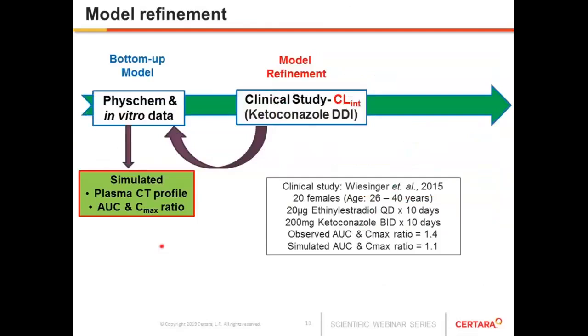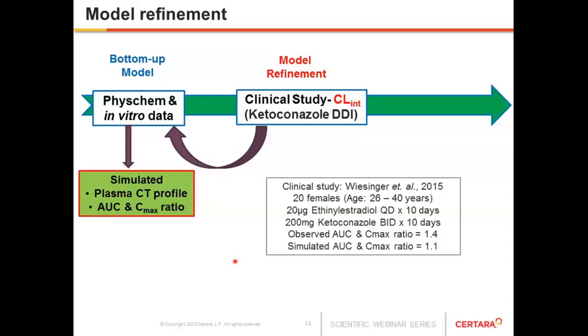Ketoconazole is a potent inhibitor of CYP3A4, such that when you administer ketoconazole with a 3A4 substrate, it knocks off the 3A4 component almost completely. And it gives you a good handle on the FM, as I've explained earlier.